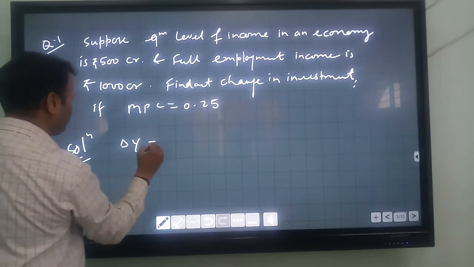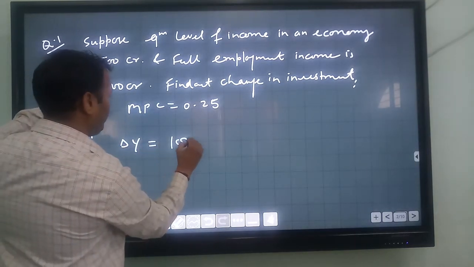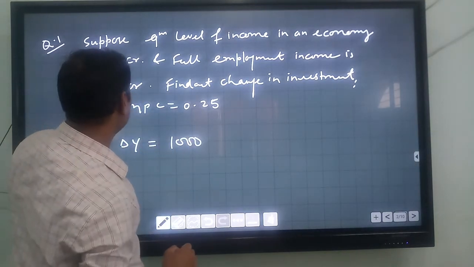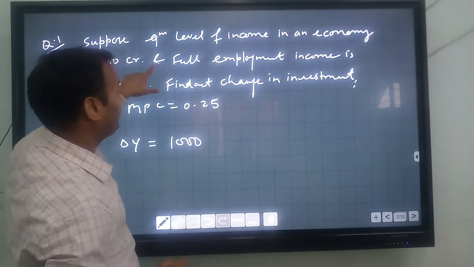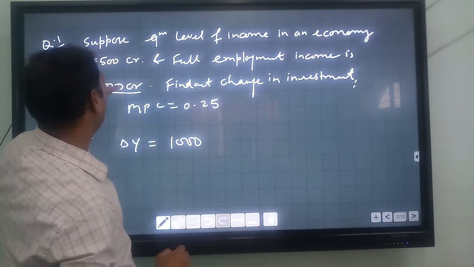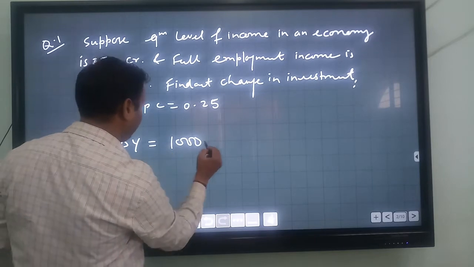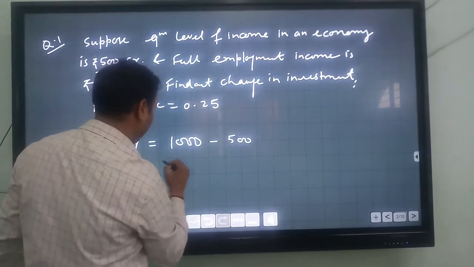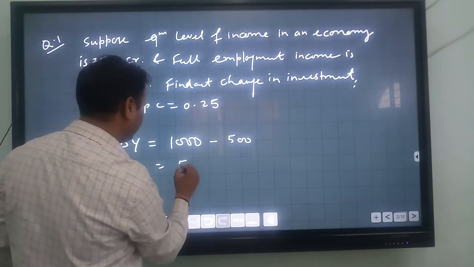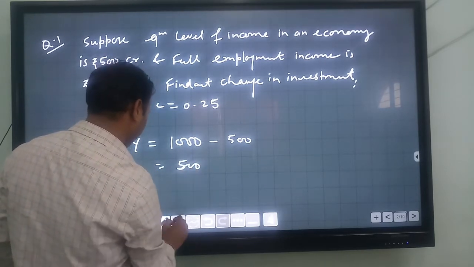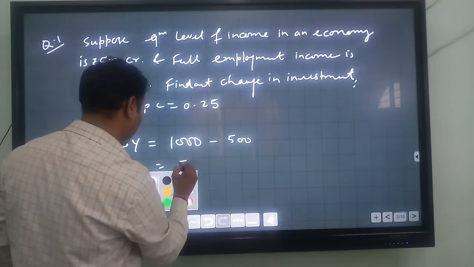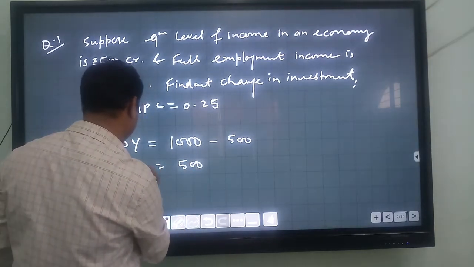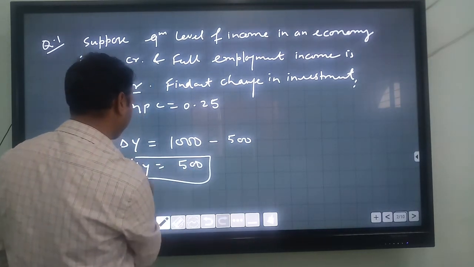Delta Y is full employment income 1000 minus equilibrium income 500, that is 500. That is the change in income, delta Y.